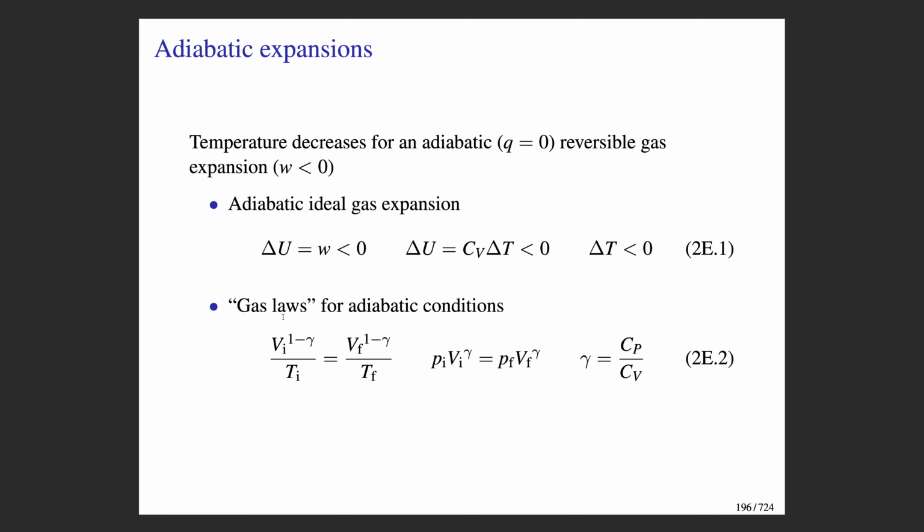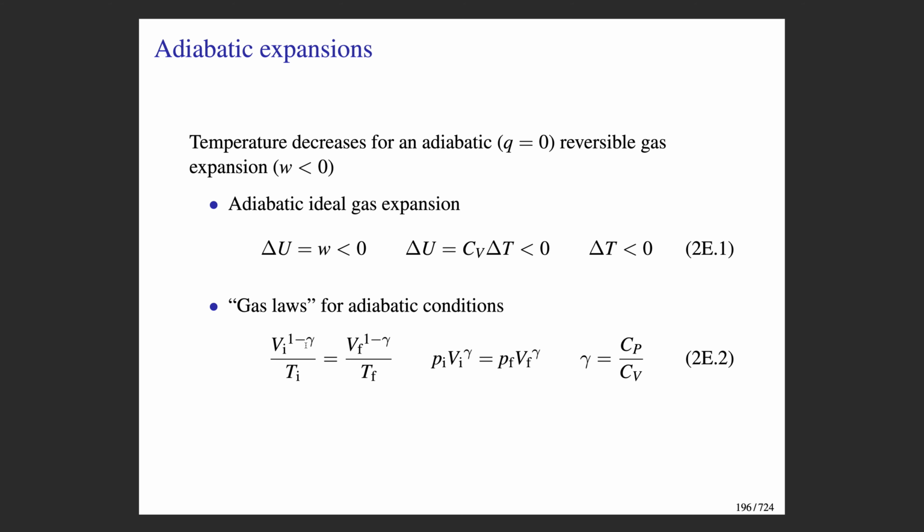We can use a couple of adiabatic gas laws. I call them gas laws in quotes because they're not actually gas laws, but they're like gas laws in the sense that they kind of look like a gas law, but they're modified for adiabatic, in particular, reversible conditions that are listed here.